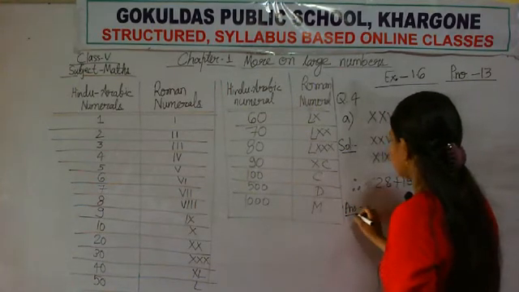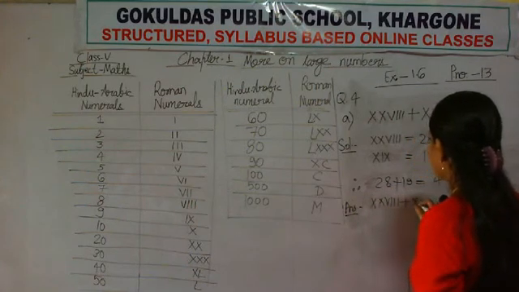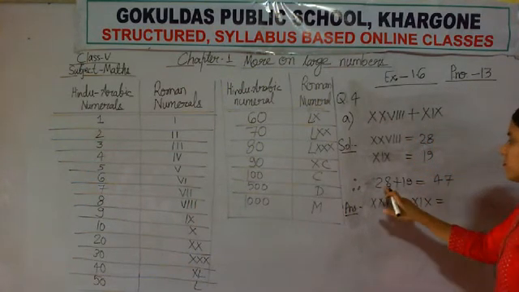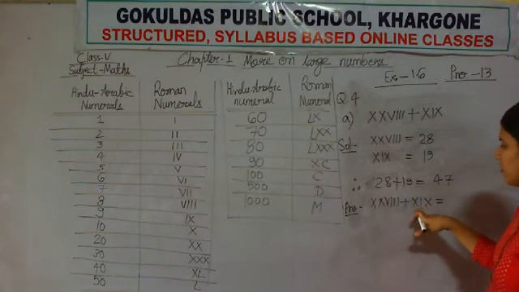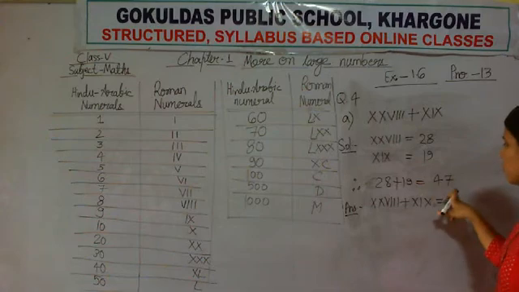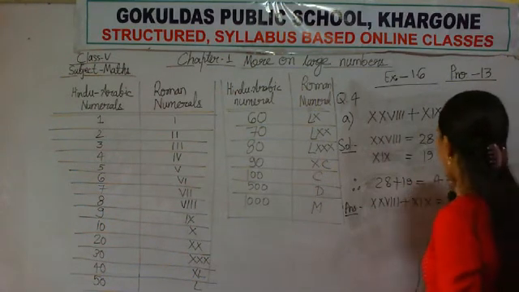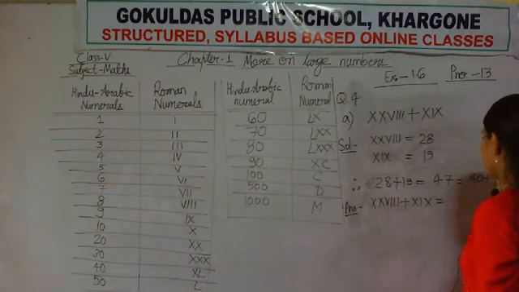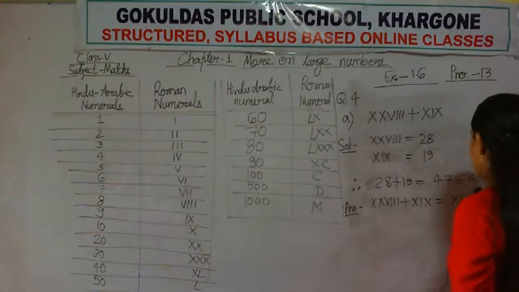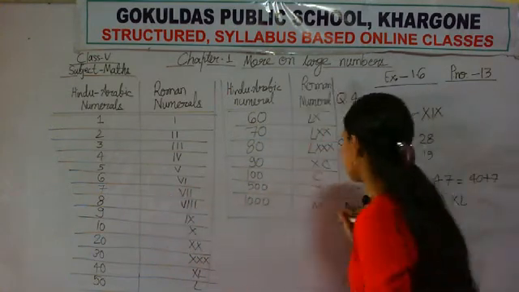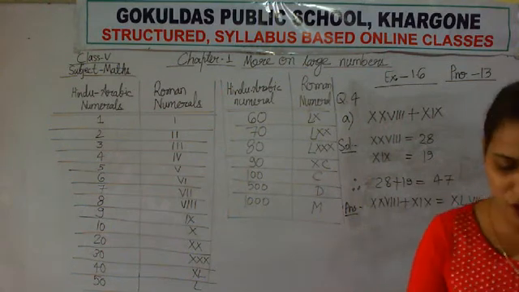So your answer is XXVIII plus XIX equals XLVII. How do you get 47? 40 plus 7, right? The symbol for 40 is XL and the symbol for 7 is VII. So this is how we got our answer.